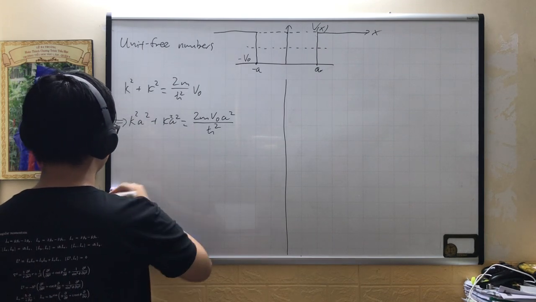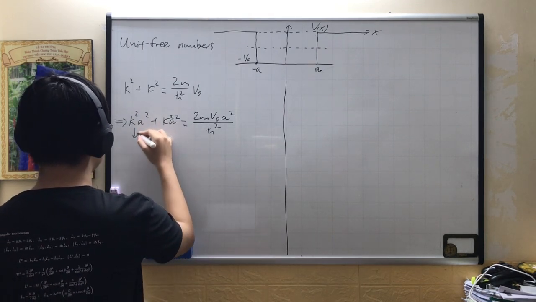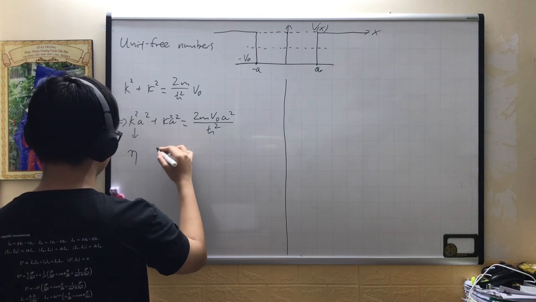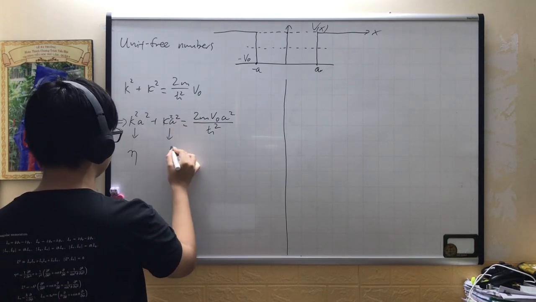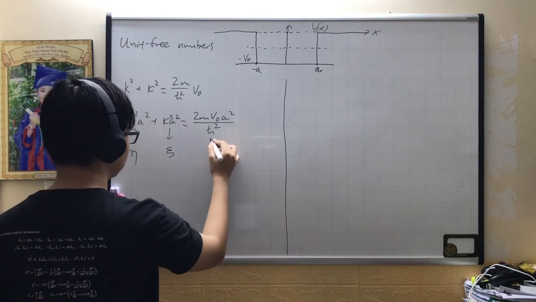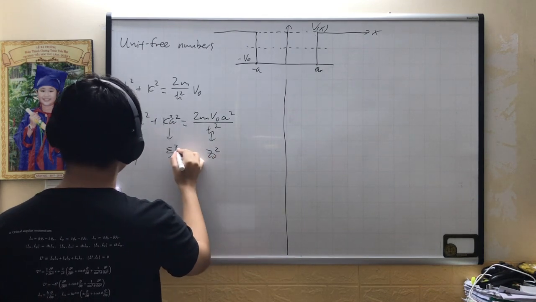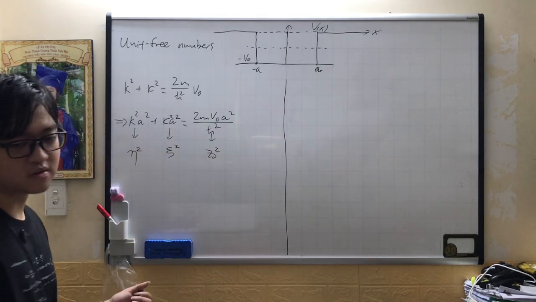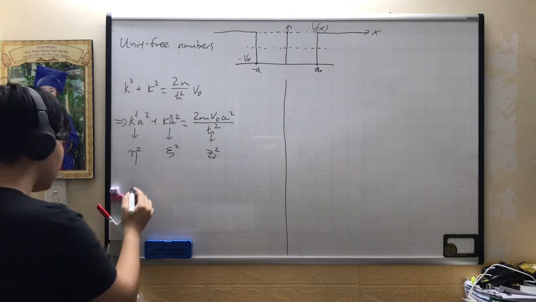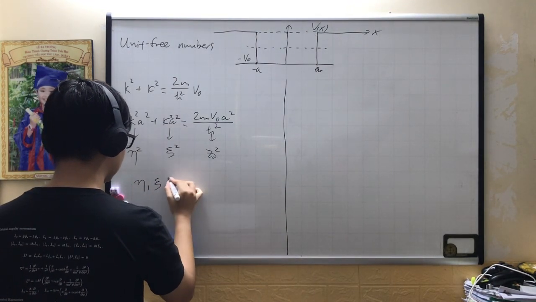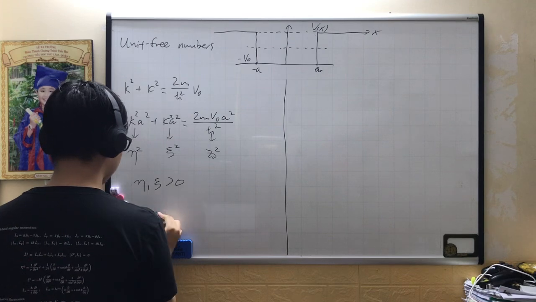Let's say that this is the inside, so I'll write it as eta. The outside is psi. This one is z naught. These are all squared, and eta and psi are positive.